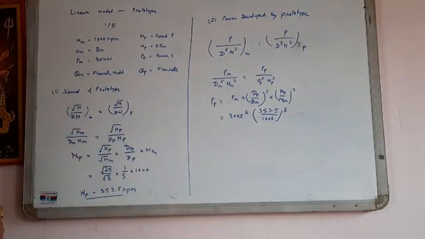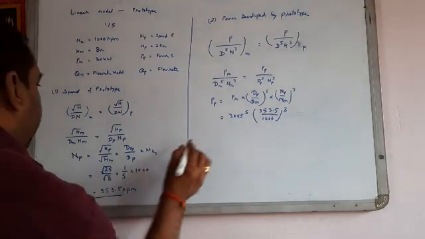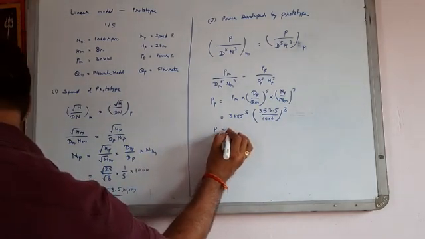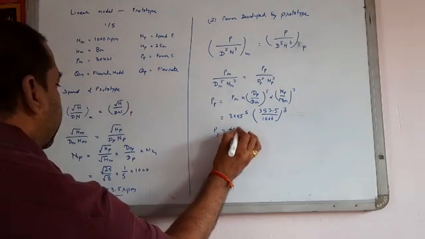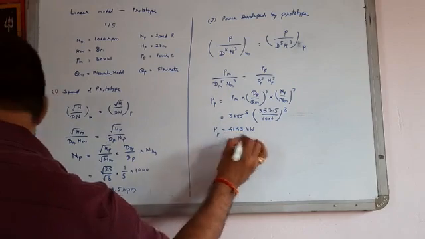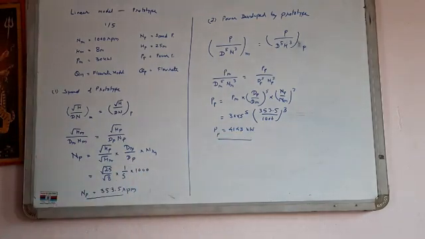Now this power comes 41.43 kilowatt. Now we have to calculate ratio.